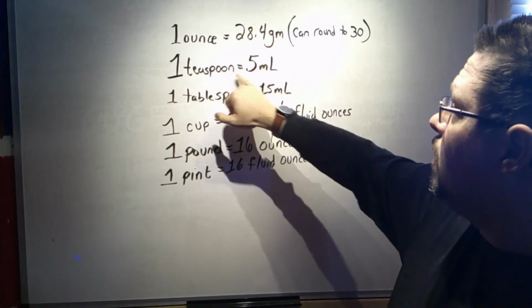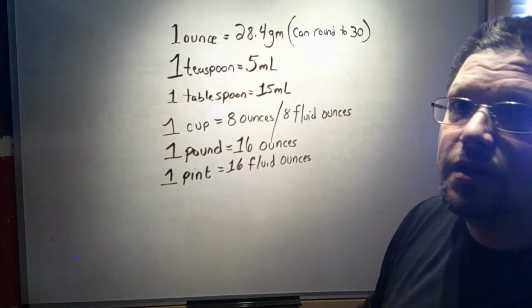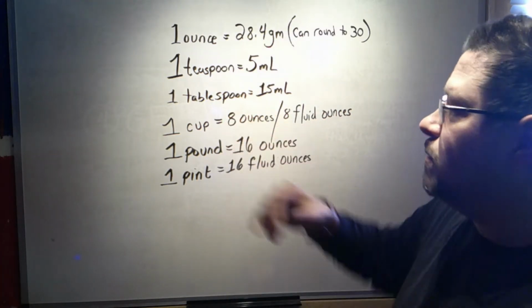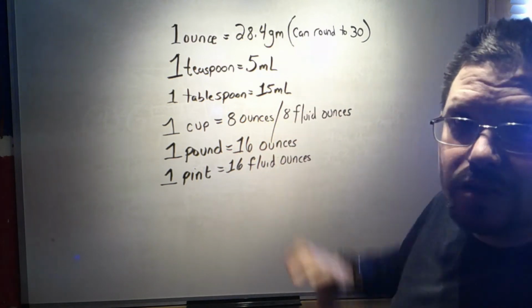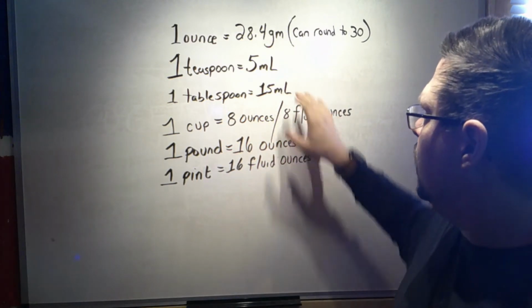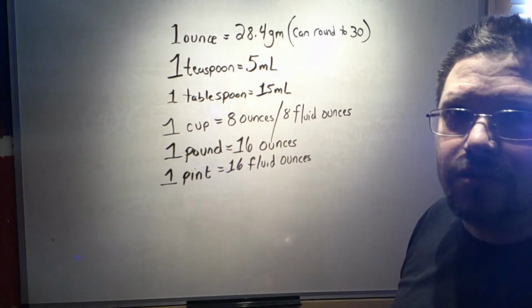1 teaspoon is equal to 5 milliliters. And 1 tablespoon is equal to 15 milliliters. These are just common measurements, so use these as you will.